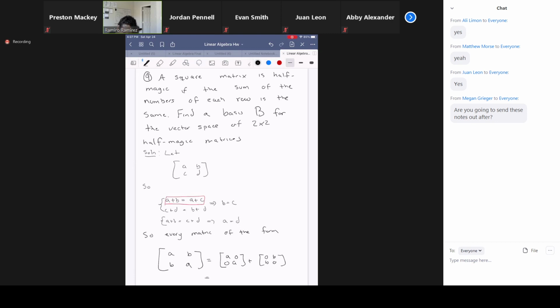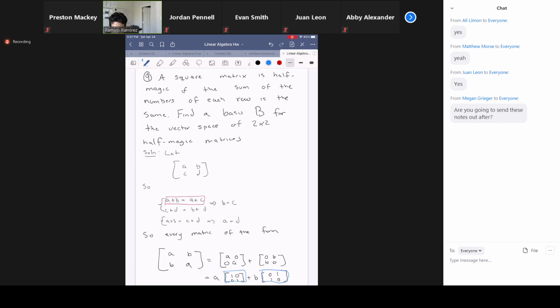So this is just A times 1, 0, 0, 1, plus B times 0, 1, 1, 0. These are in my space, so they have to be the basis elements. This is a linear combination of the vectors, in this case the half magic matrices.